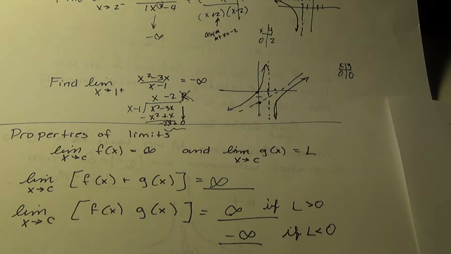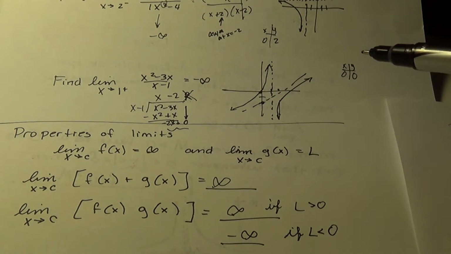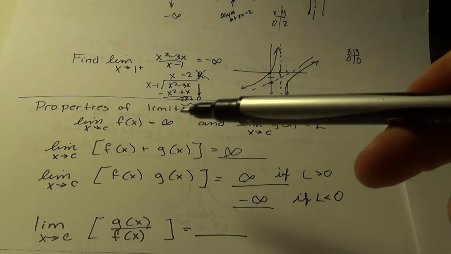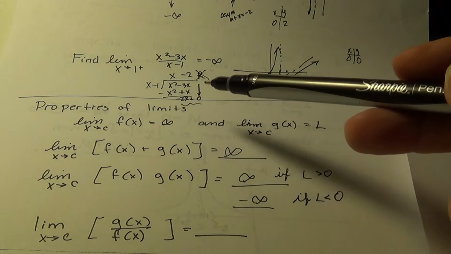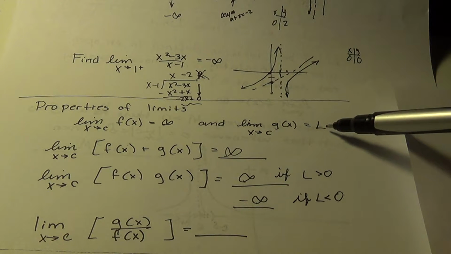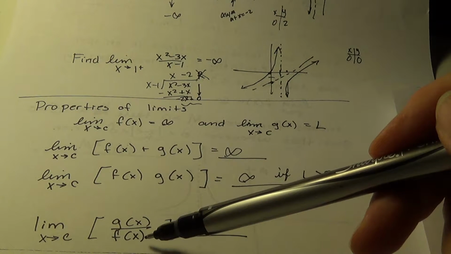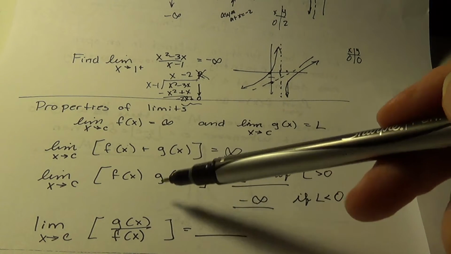All right, let us look at one more. This one was adding, this one was multiplying, this one is dividing. So we're taking the limit as x approaches c of a function that has a finite limit, a number, divided by a function that has an infinite limit.